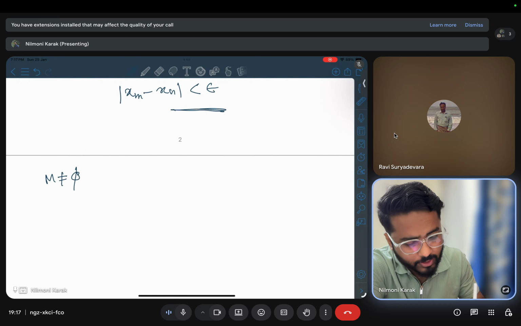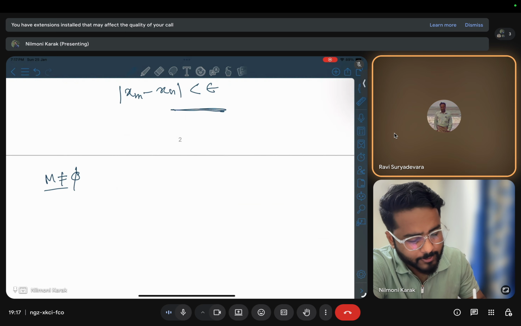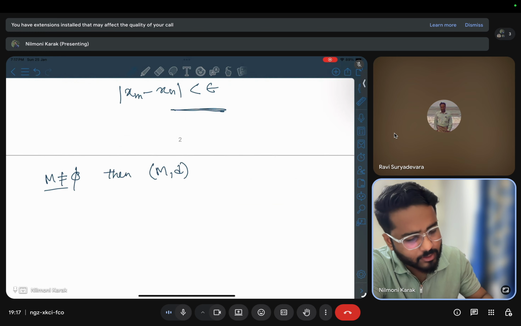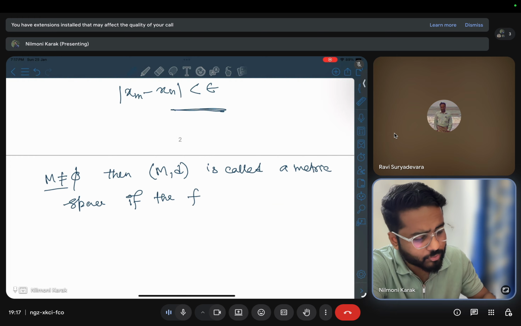You have to take a non-empty set M. Then M with d is called a metric space if some axioms are satisfied.